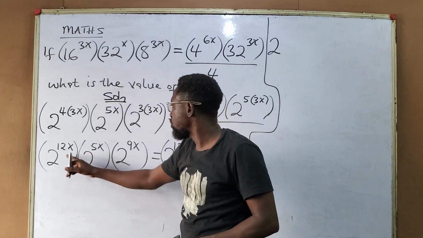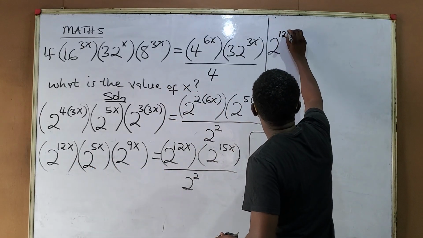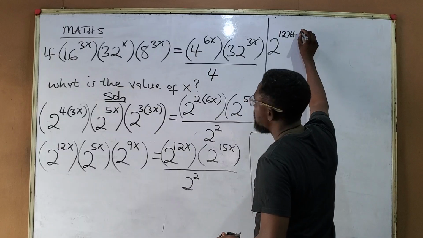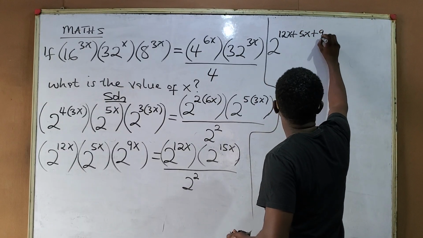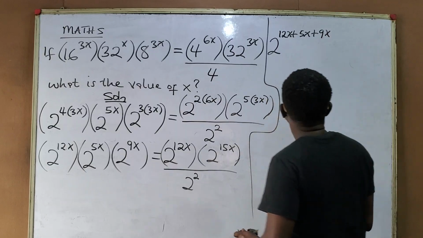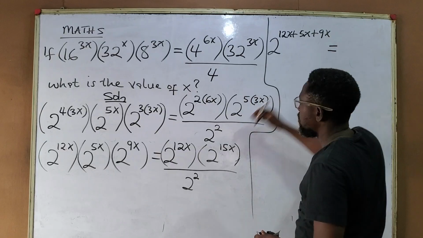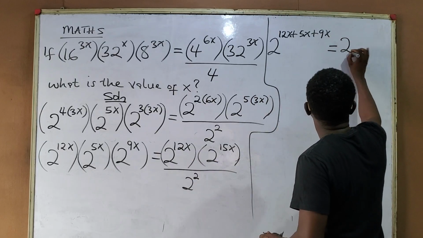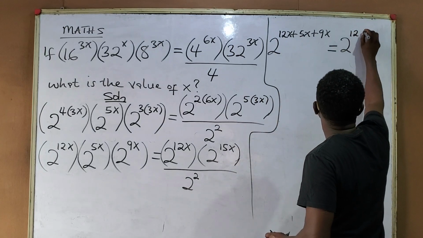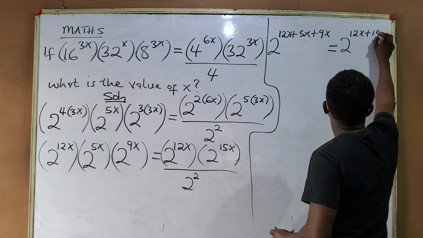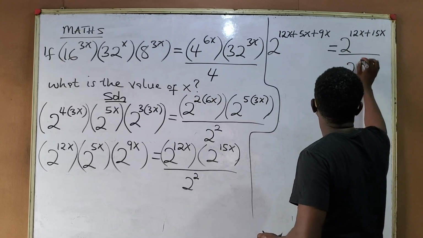So we have 12x plus 5x plus 9x, which gives 26x. On the right, you take this 2 here, we add up the powers, 12x plus 15x, which is 27x, all over 2 to the power 2.